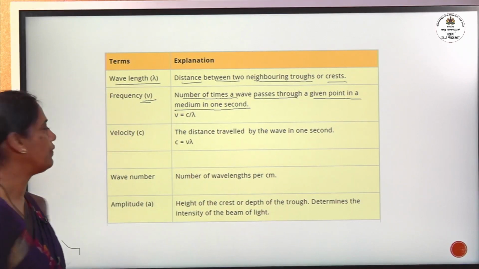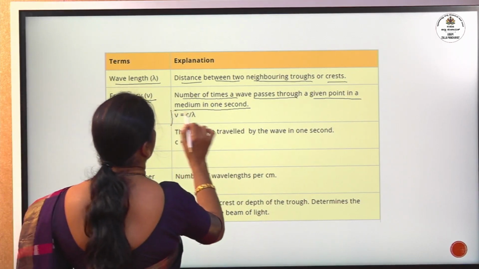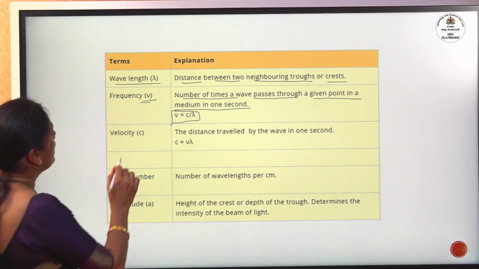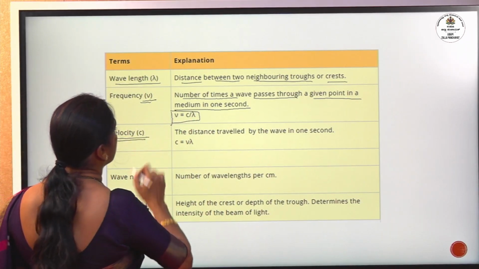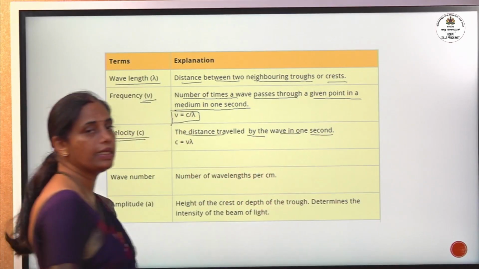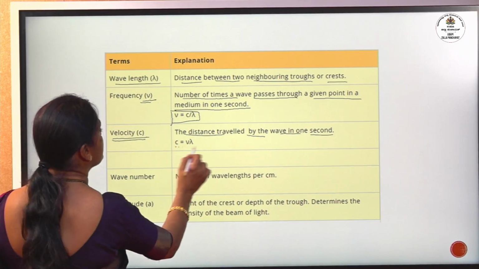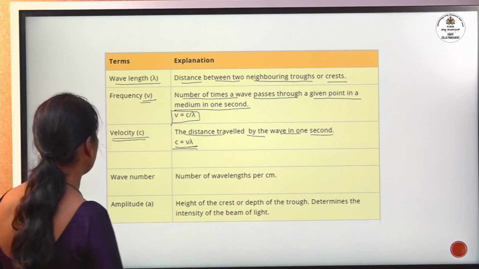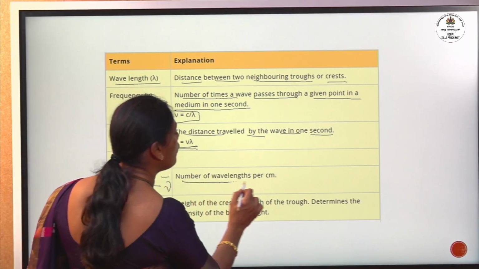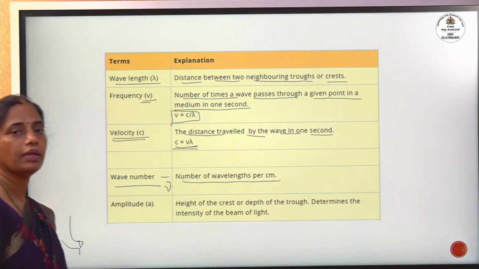Frequency is given by the formula nu is equal to c by lambda. Velocity: the distance travelled by the wave in 1 second is velocity. c is equal to nu lambda. Wave number, nu bar, is the number of wavelengths per centimeter.